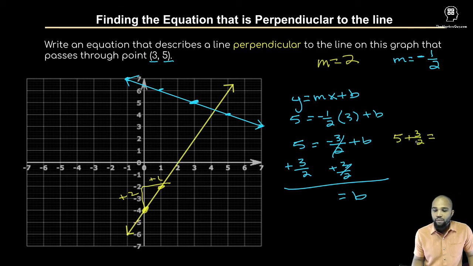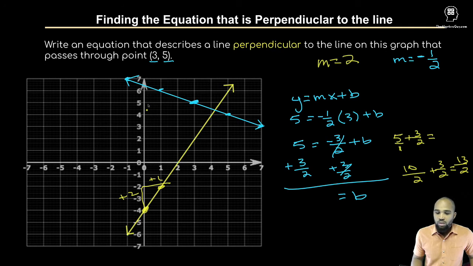Well, in order to add fractions, if you remember, I need the same denominator. So this 1 that's here for the 5 needs to become a 2. I'm going to multiply this by 2 on the bottom, and multiply the top by 2 to give me 10 over 2, which is the same thing as 5. So 10 plus 3 is 13 over 2.